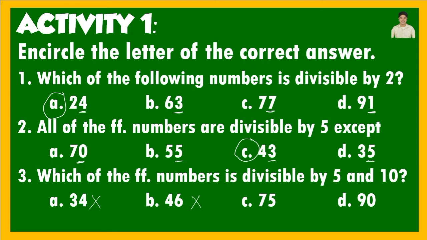Hindi po. Magkakaroon siya ng remainder. Therefore, ang sagot po natin dito is letter D. Pero kung hindi kasama yung 10, divisible by 5 lang, of course, ang sagot natin, letter C and letter D. Next, let's have activity number 2.